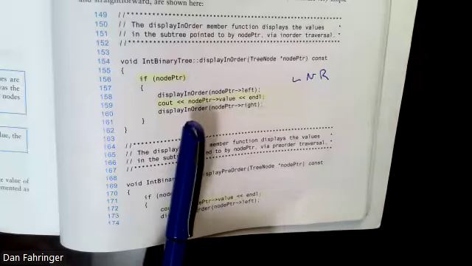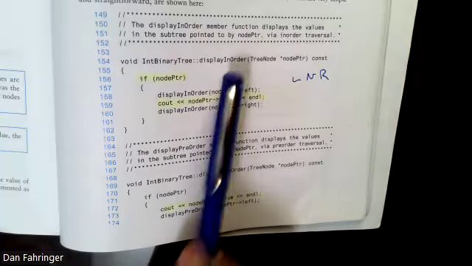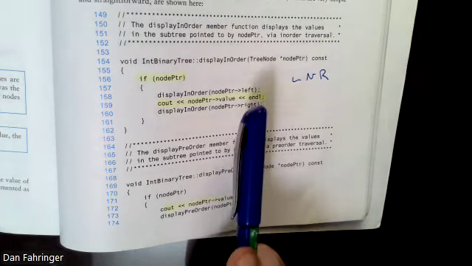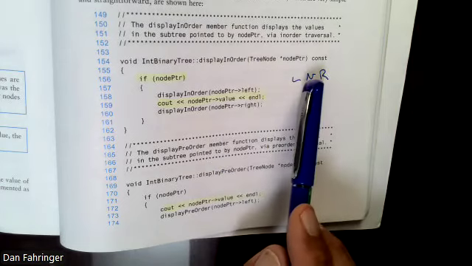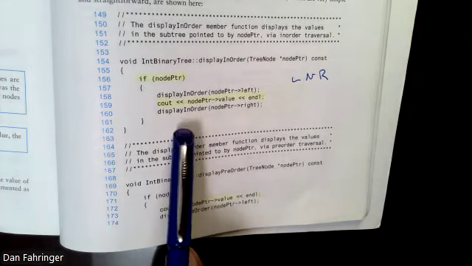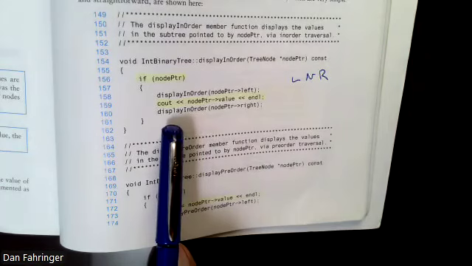This is going to give us an in-order display. Tell me which 2 lines I would switch for a post-order display. And again, each time we're displaying what's at the node, the left and right are just telling me to keep moving. Would you just switch the arguments for the recursion? Now, which 2 lines would I switch?